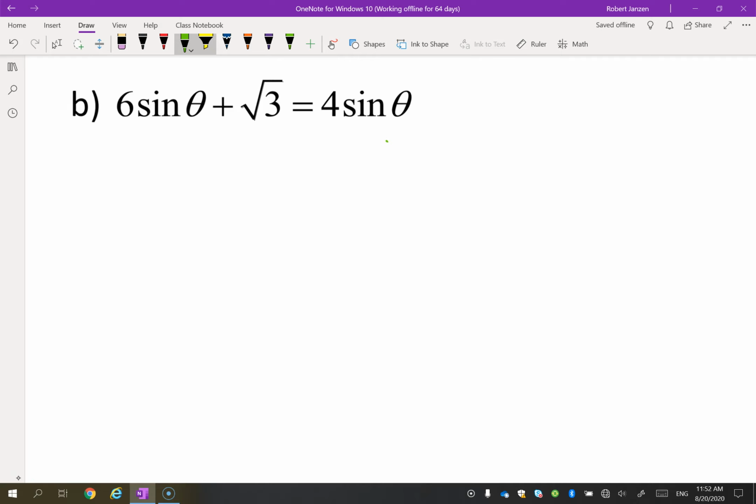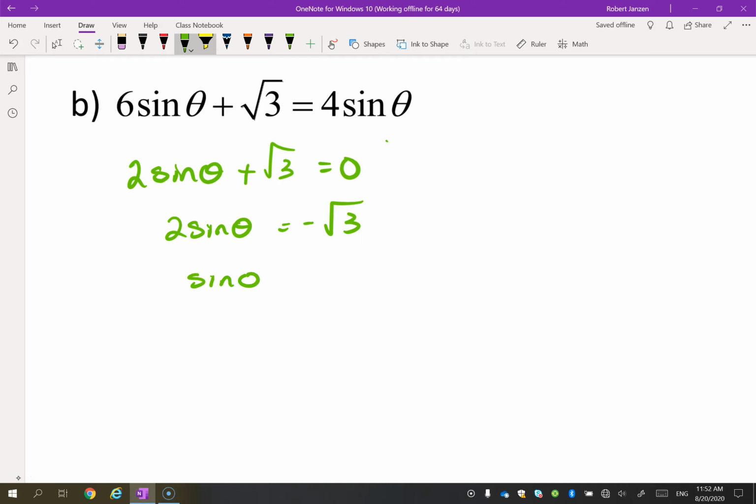Okay, I'll subtract 4 sine from both sides, so I get 2 sine theta plus root 3 is 0. Then I'll move that root 3 over and divide by 2.